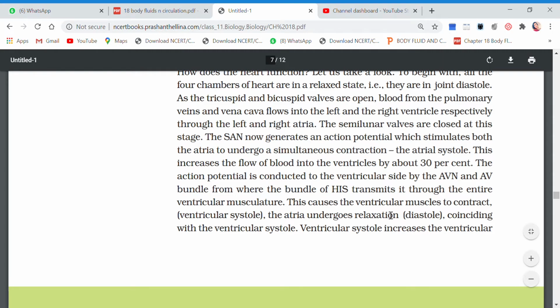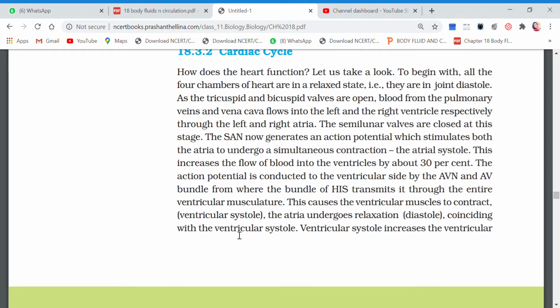So that means now they are in diastole. So when ventricles are showing systole, auricles are in diastole. Coinciding with the ventricular systole, they will go side by side. What are they trying to say? That when ventricles are showing systole, simultaneously auricles will show diastole.